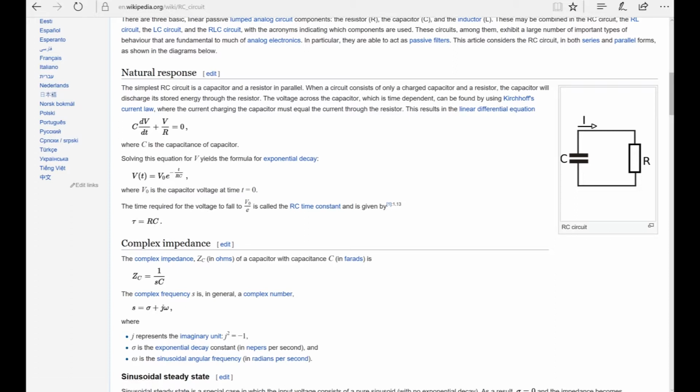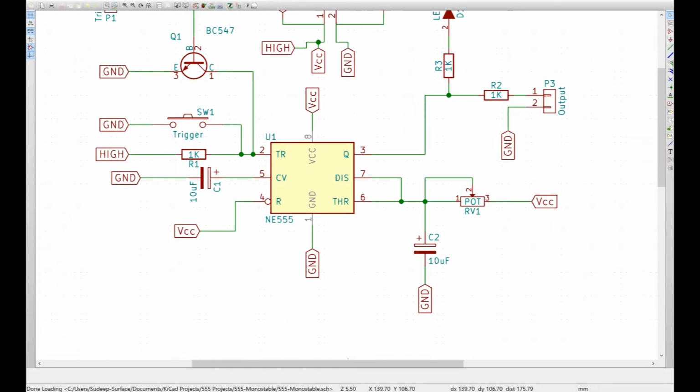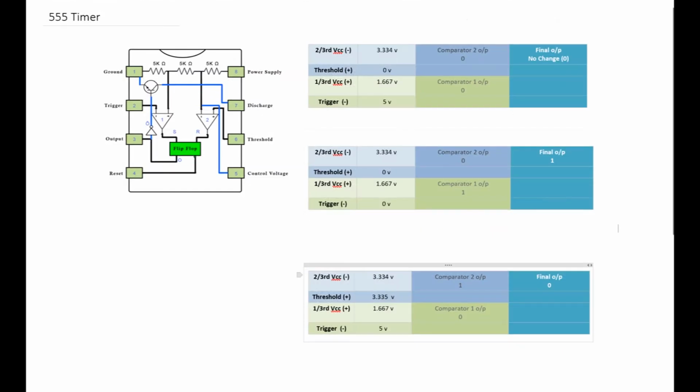That is all we would be interested in knowing about the RC circuit. So this is the resistor, this is the capacitance. The multiplication of the two values gives us the amount of time that the capacitor is going to take to charge.